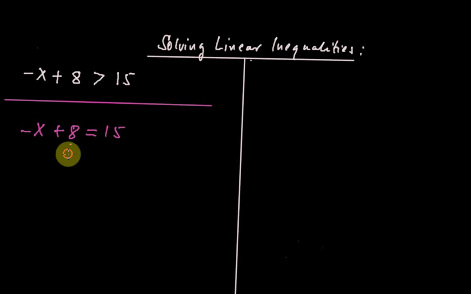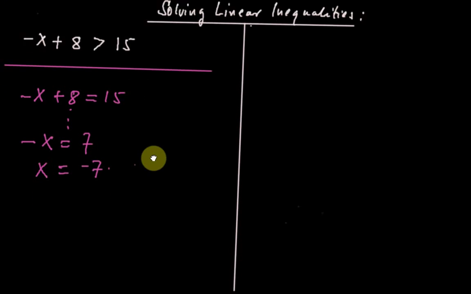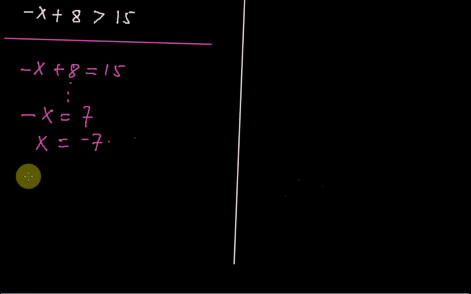Okay, so we solved this together, and we had negative x equal to 7, whereby we said that x here is equal to negative 7. So one more step here was checking the solution.